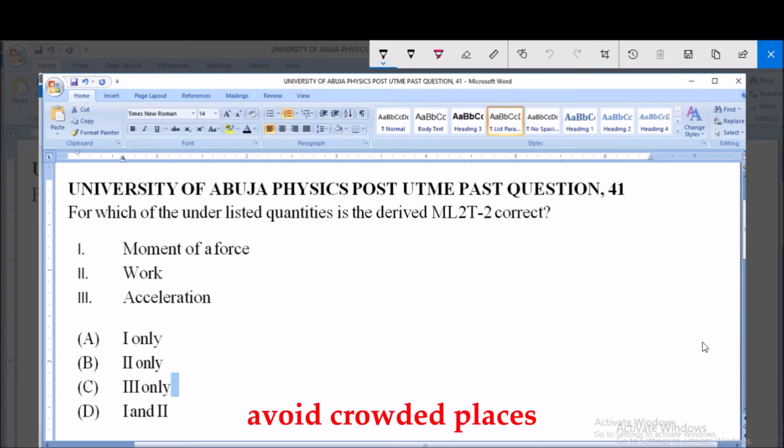Now this is a question coined from the topic dimensioning.